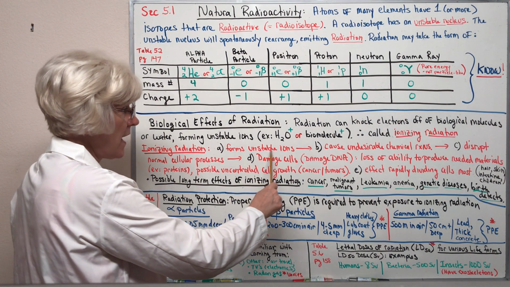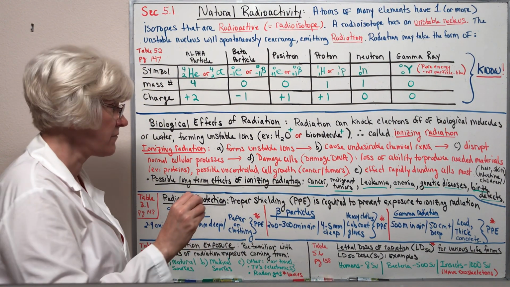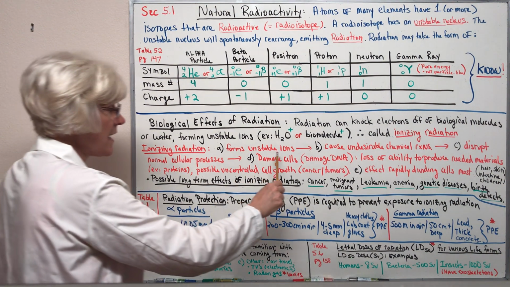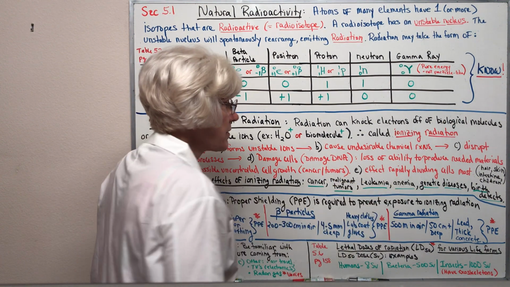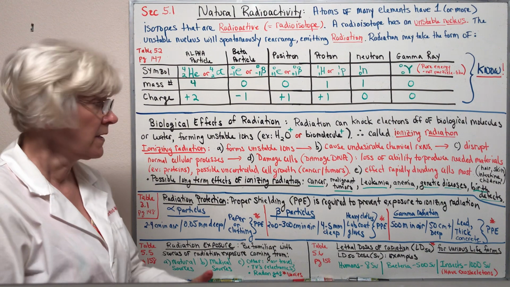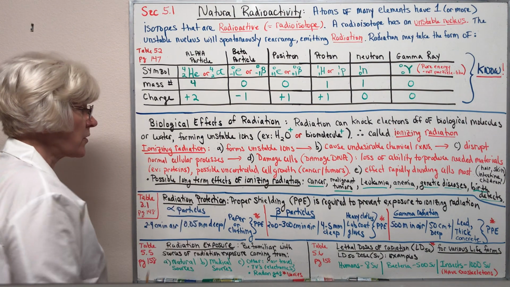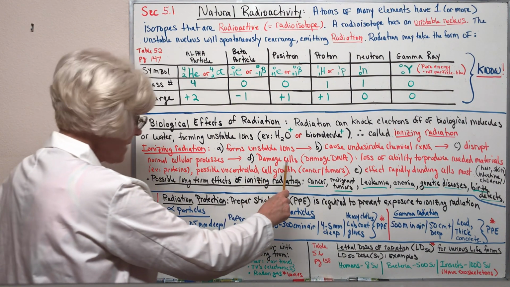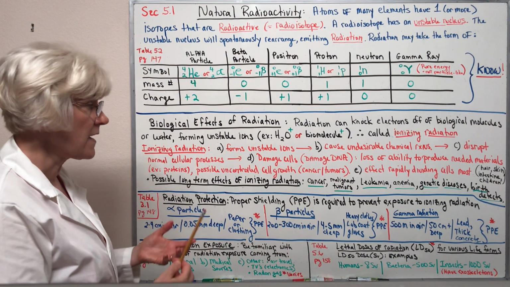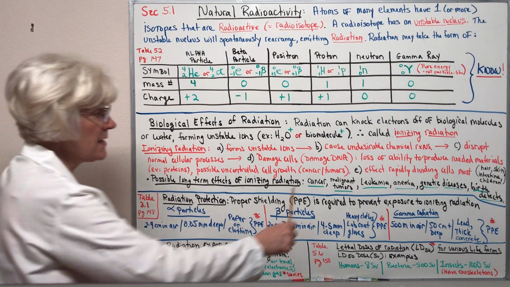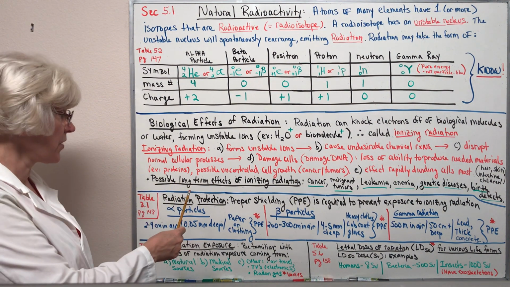So, ionizing radiation, what sequence of events does it set in play? It forms unstable ions that we looked at right up above that are not supposed to have positive charge. Once these unstable ions form, they're highly reactive and they cause undesirable chemical reactions to take place within the cell. These undesirable chemical reactions can disrupt normal cellular processes and damage the cells, specifically can damage DNA. As a result of the DNA of cells being damaged, cells can lose their ability to produce needed materials, for example, functional proteins.